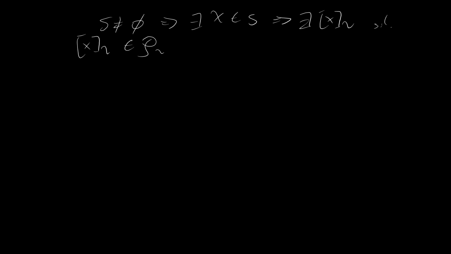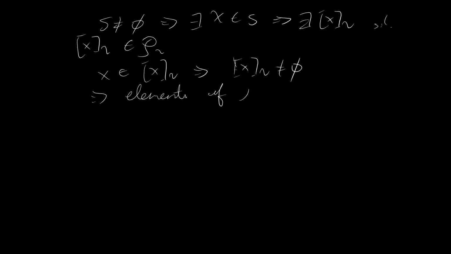So since we're talking about an arbitrary element of this set S, we're also talking about an arbitrary element of the family P. So we know that X is a member of this equivalence class, which means that this is not the empty set. And here we prove that the elements of this family are non-empty. Right.